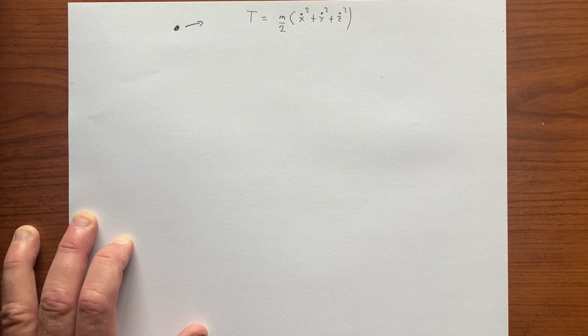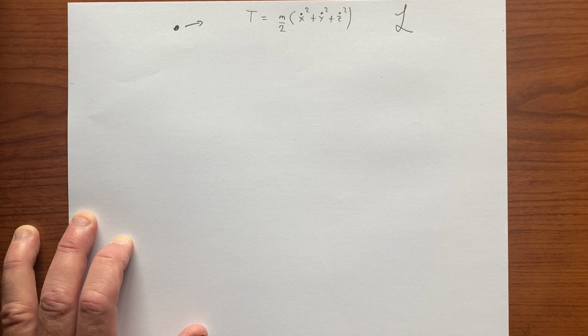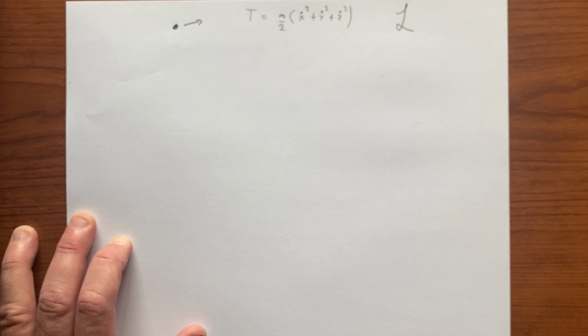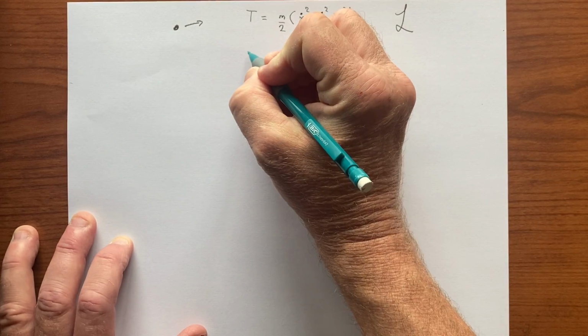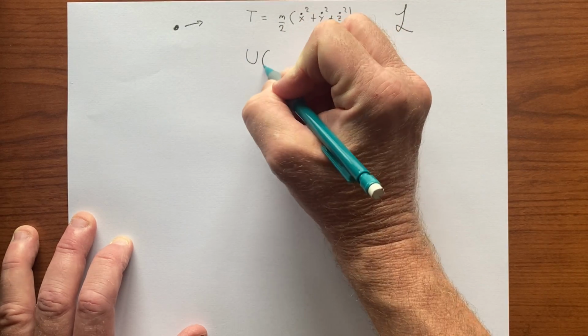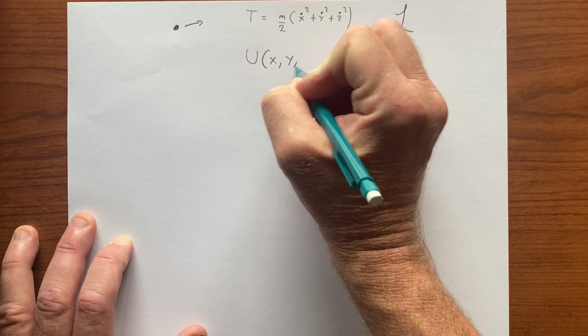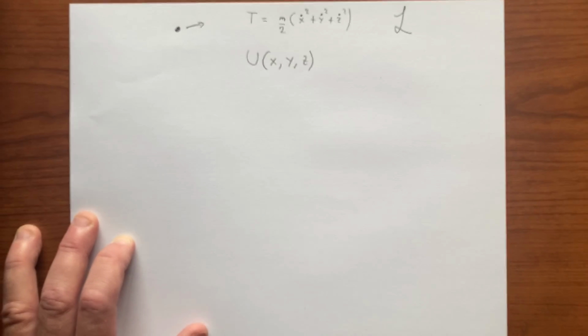So that's the kinetic energy of the particle, and let's derive the equations from the Lagrangian formalism. So it's the same thing we've seen before, but we'll look at all the components. So let's say that we have a potential energy, which let's not even specify for now, is a function of x, y, and z.